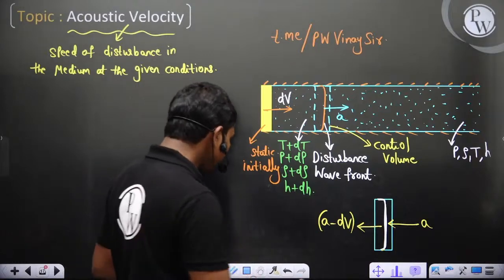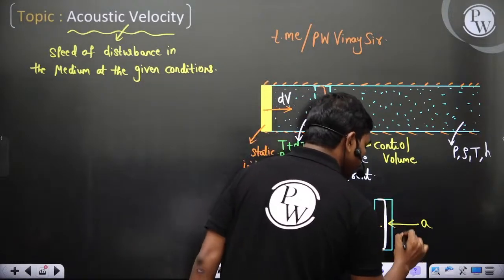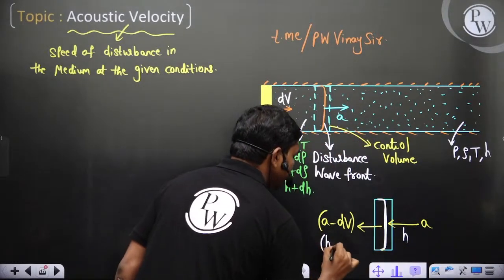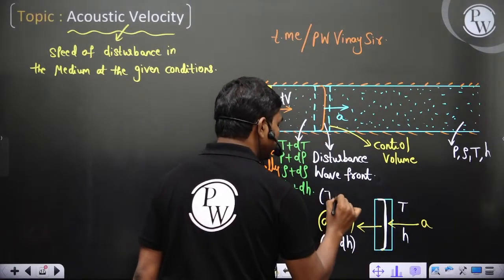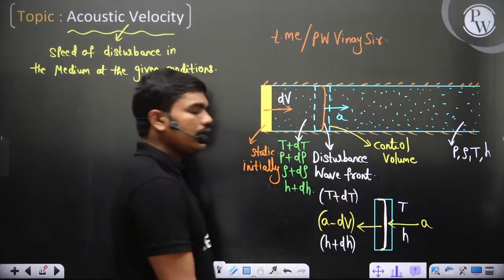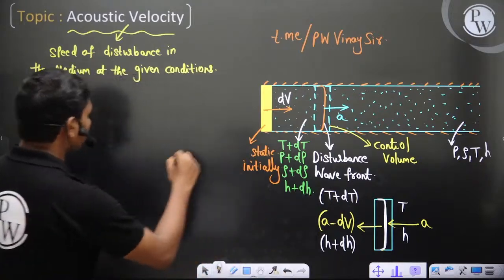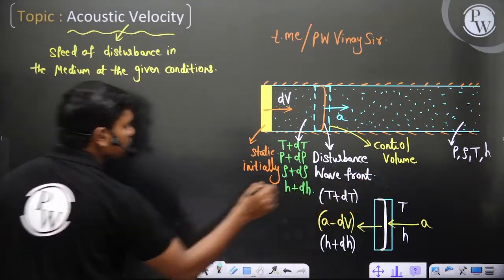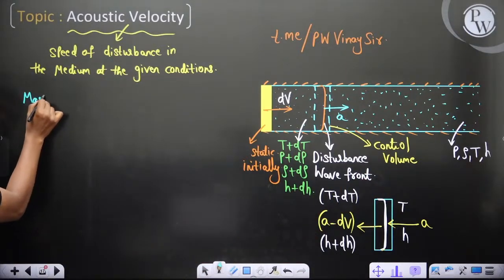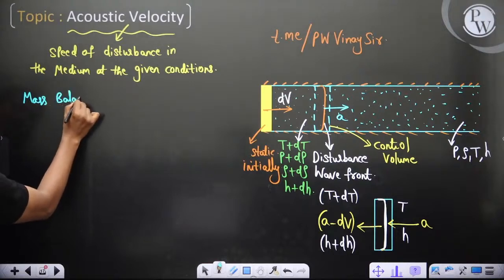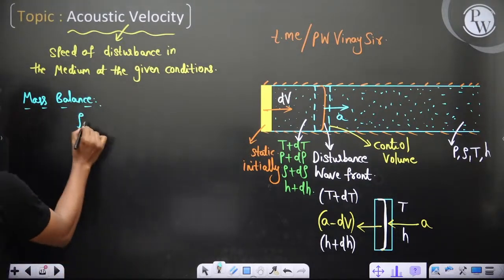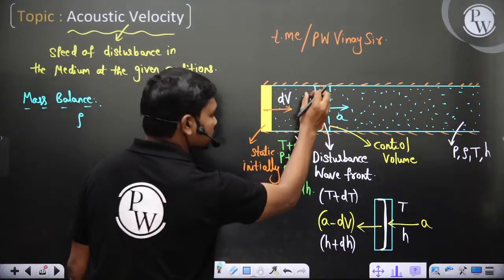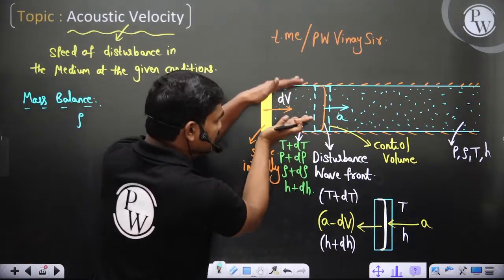Okay, now clearly the properties are H here, and it is H plus dH there, it is T, and this is T plus dT and so on. Now let's see, if you apply mass balance to that control volume, mass balance gives you rho A into a, where the area of cross section is of course the same before and after because it's a uniform channel.